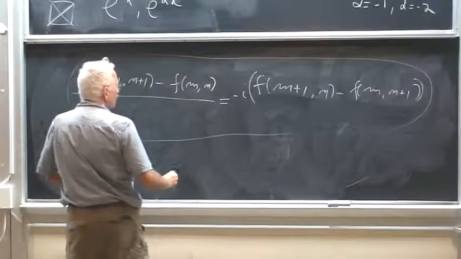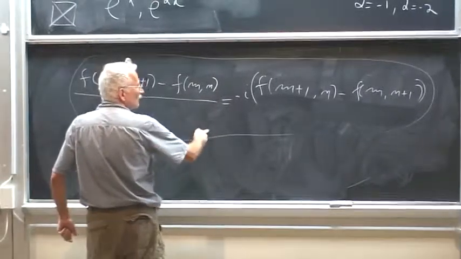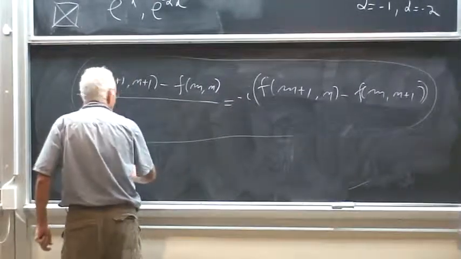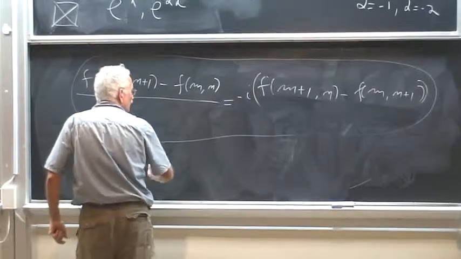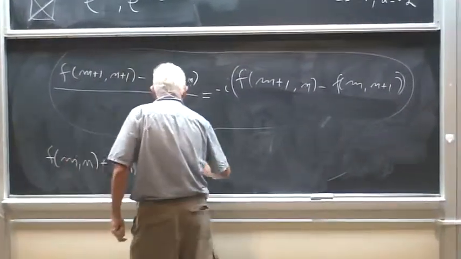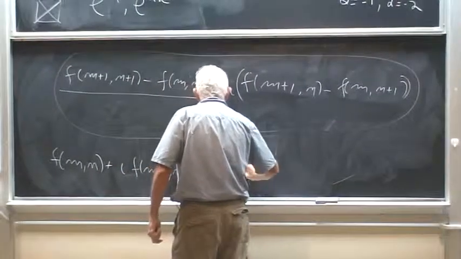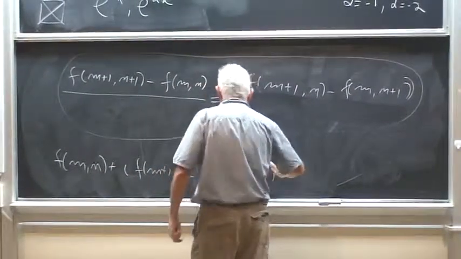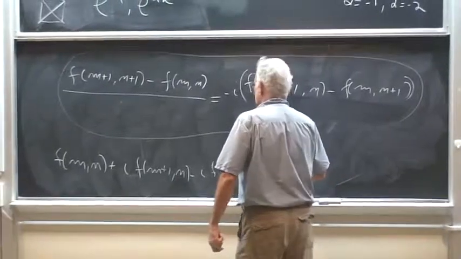So you get f of m, n plus i f of m plus 1, n minus i. This was considered by Duffin, another hero of mine, Dick Duffin, in 1956.